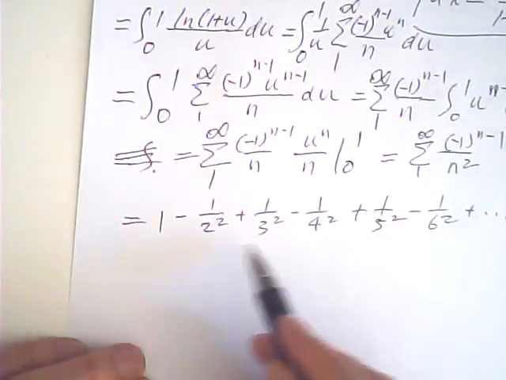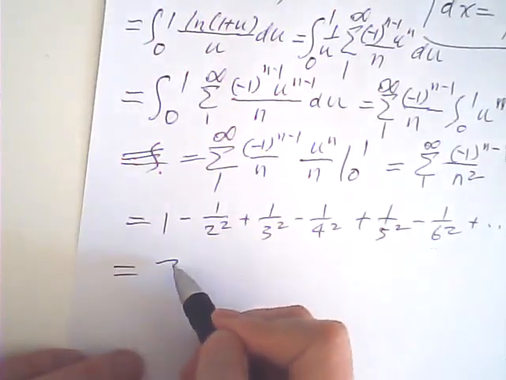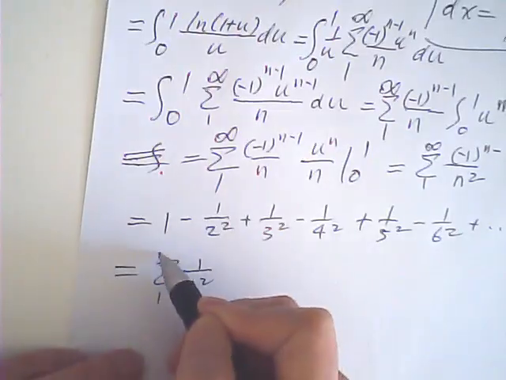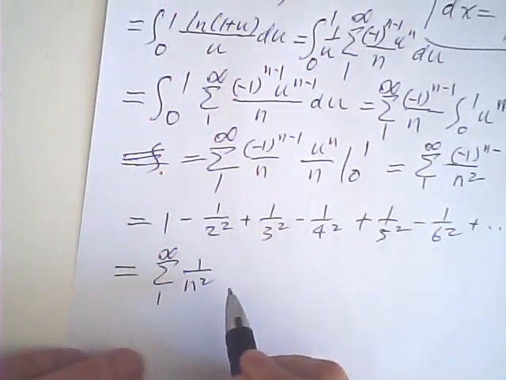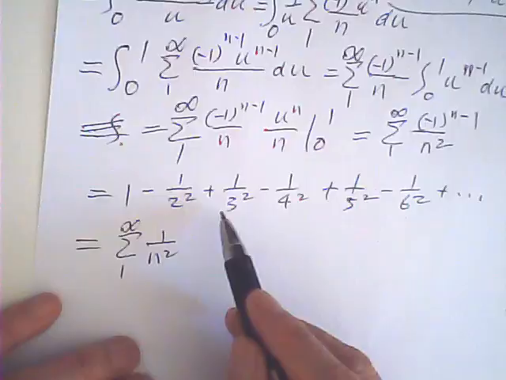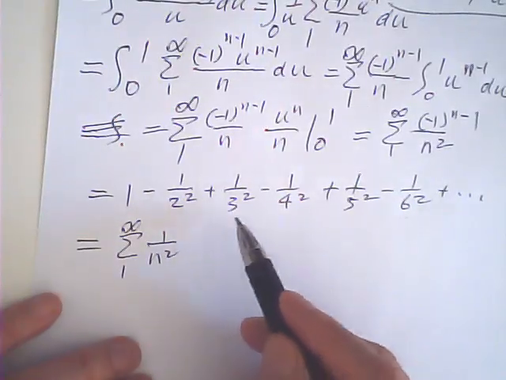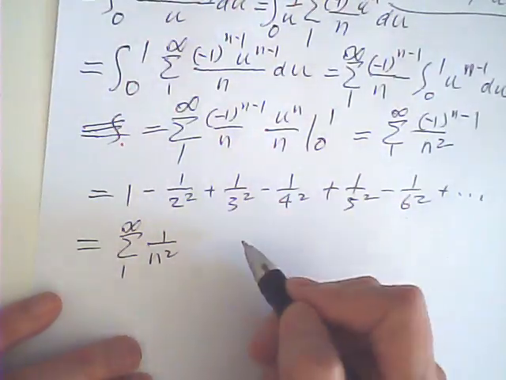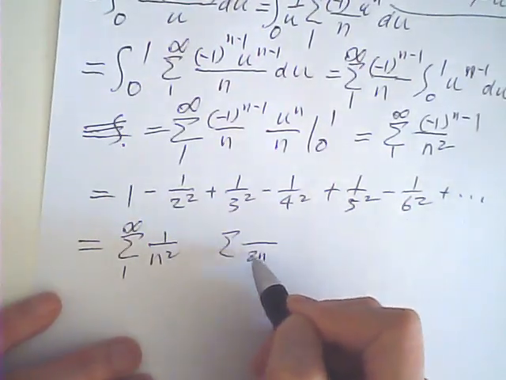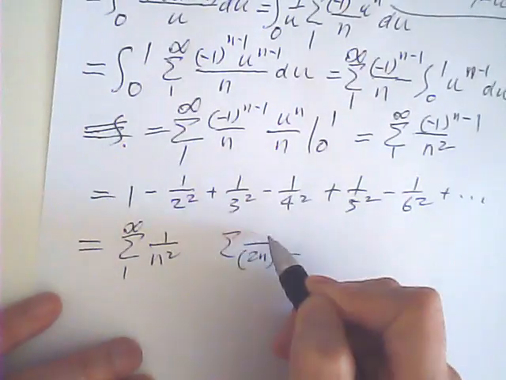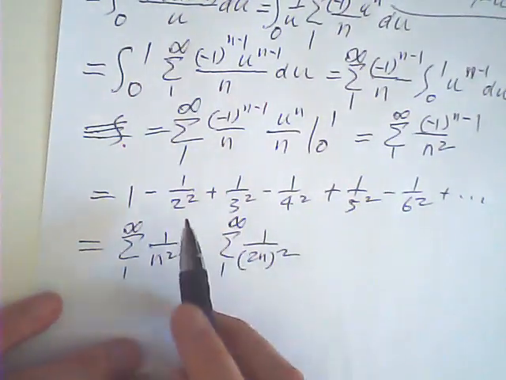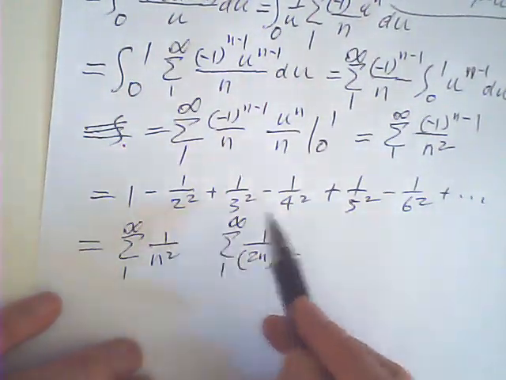So this one is actually equal to this series taking away the even powers, the 2n. But taking a 1 is not enough.